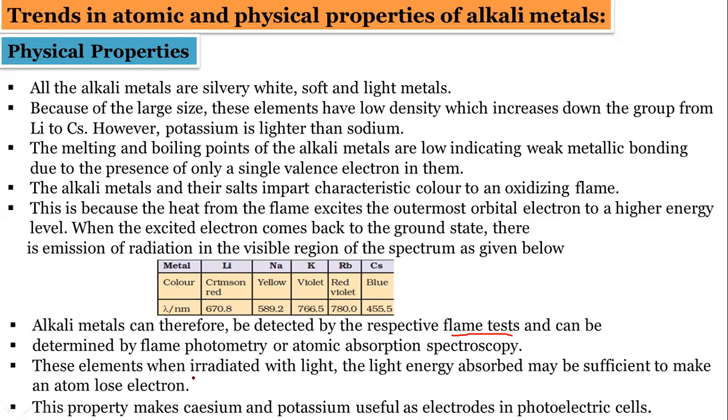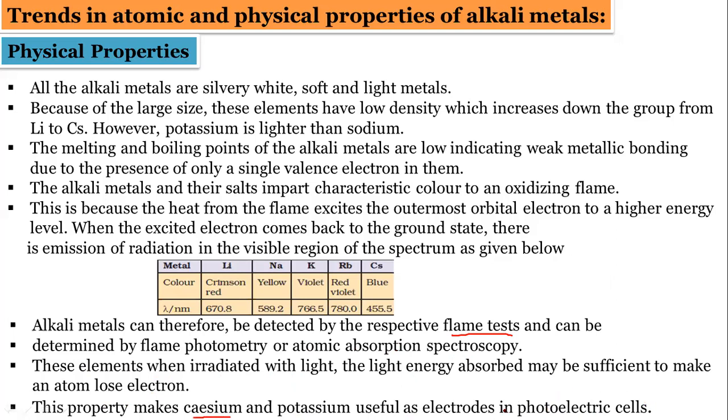When these elements are irradiated with light, the light energy absorbed may be sufficient to make an atom lose an electron. So this property makes cesium and potassium useful as electrodes in photoelectric cells. Which property?